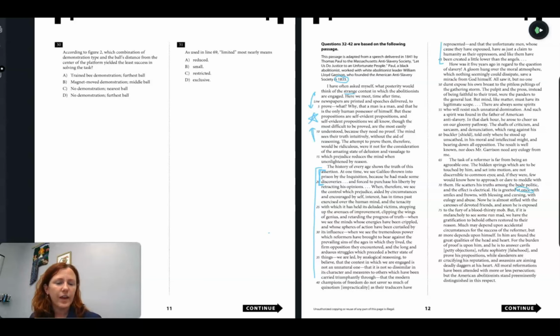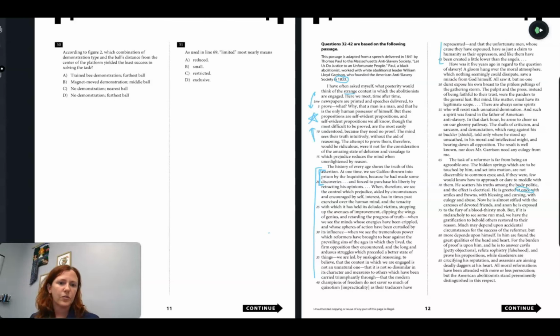The history of every age, we need to consider how he sets up his argument here. The history of every age shows the truth of this assertion. At one time, we see Galileo thrown into prison by the Inquisition because he had made some discoveries, and forced to purchase his liberty by retracting his opinions. So it looks like Galileo learned something, and we called him on this learning, and he was forced to lie about what he had learned in order to gain freedom.